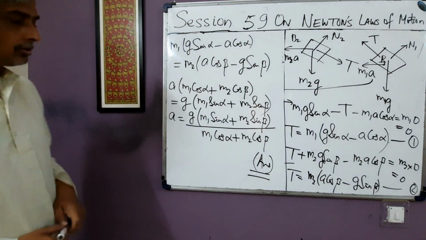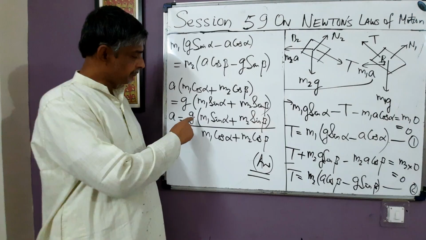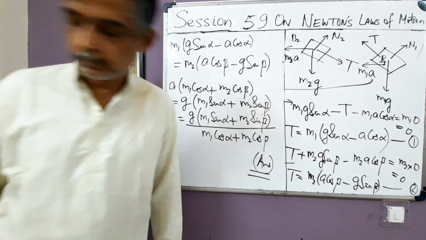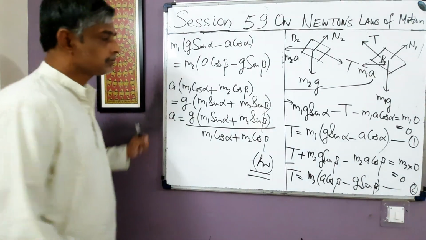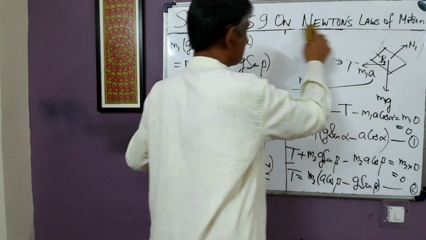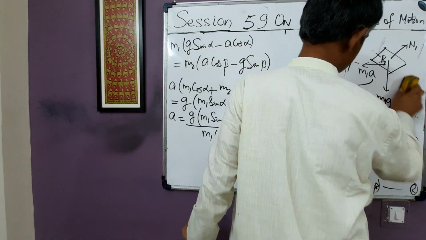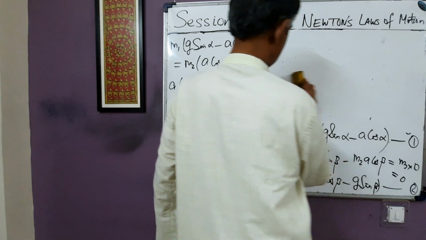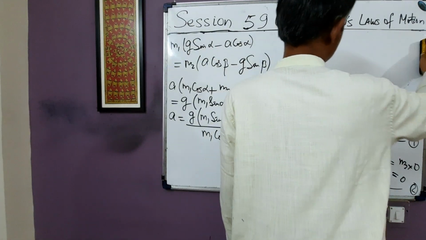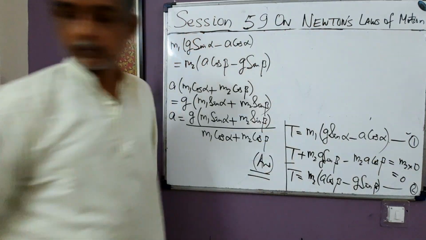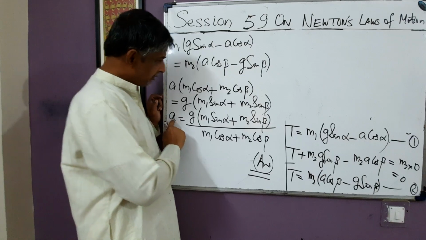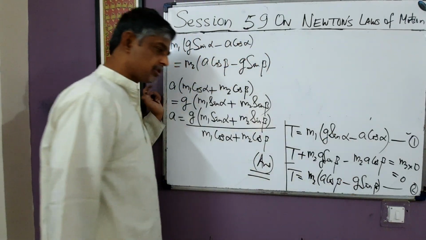We are asked to find A, which has been found in terms of M1, M2, alpha, beta and g. One answer we have obtained. Now we also have to determine the value of T. To find T, I substitute this value of A in either the first or second equation, whichever you want.